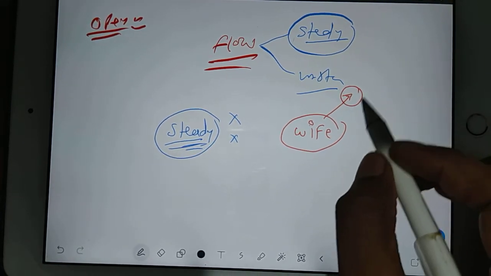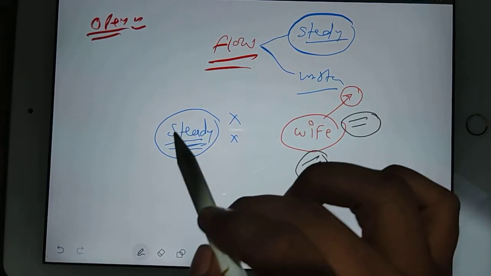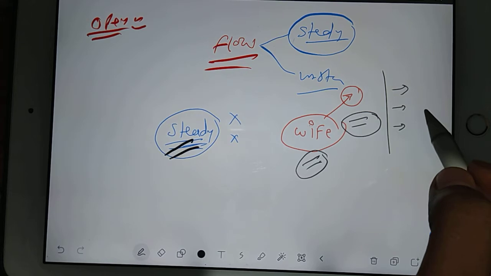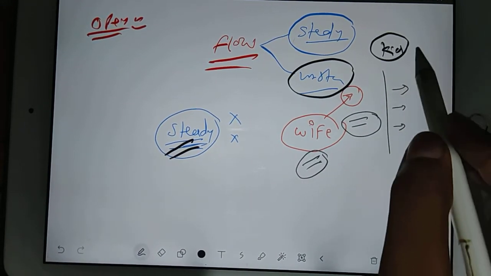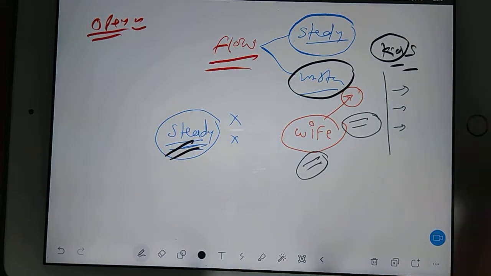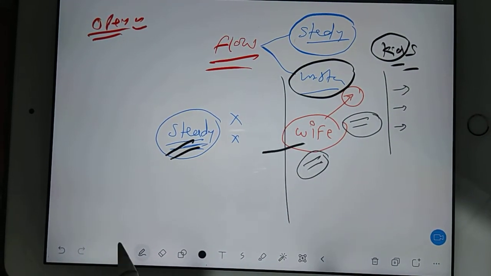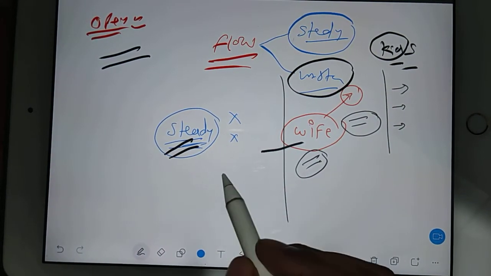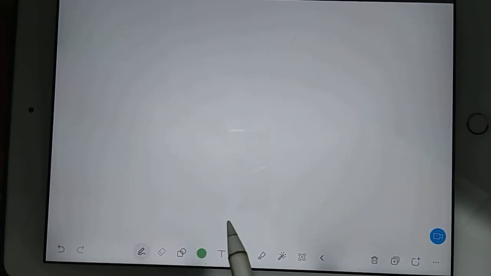So this is the best way to remember. After marriage, your life will be steady in terms of woman. A lot of things will be unsteady, like kids, one kid, two kids, with time. But before marriage, in case of woman, you may have unsteady flow. It means your girlfriend may change. So you got an idea.